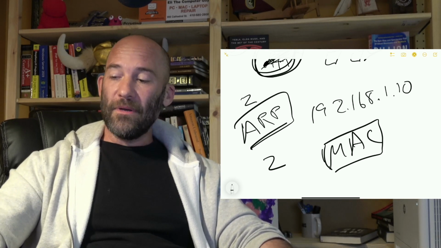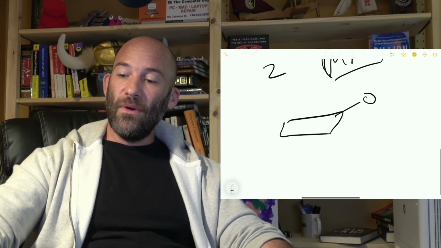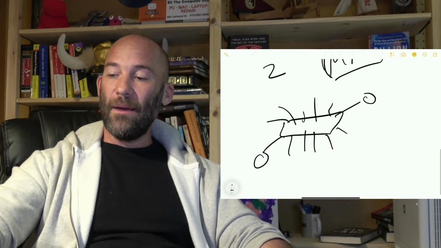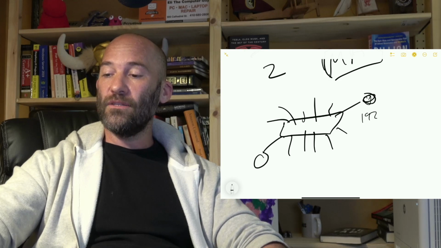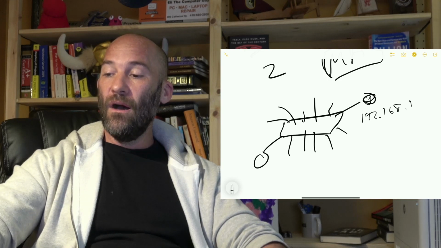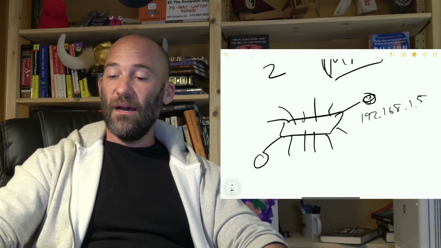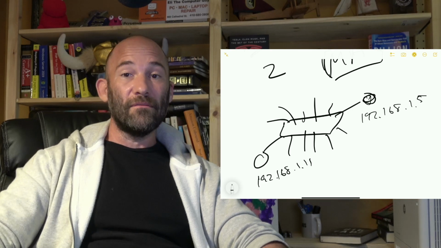And so what happens is when you have your switch and you have your computers connected to that switch, let's say you have the computer up here and it has an IP address of 192.168.1.5. And it's trying to find, let's say, 192.168.1.11, right? So that's a different address.